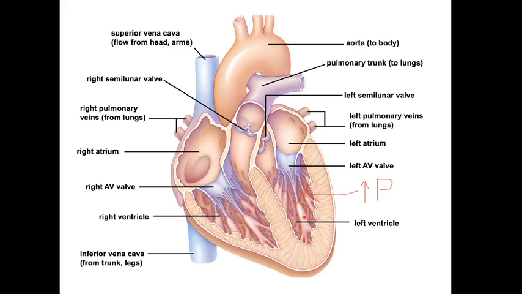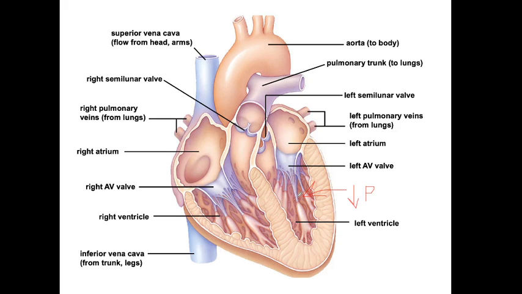But then, when this chamber is relaxing, now the pressure is going to drop. The pressure is going to drop because the walls are relaxing and the volume of the chamber is expanding, and the blood inside is not being squeezed and not being pressurized.